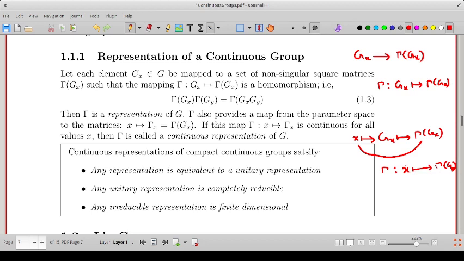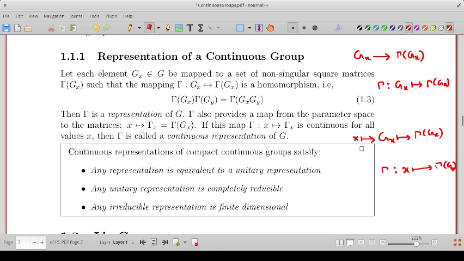And we can define the continuity of these maps. If this map, which takes a particular point in the parameter space to a given non-singular square matrix gamma Gx, is a continuous map, then gamma is said to be a continuous representation of G. So this mapping is a representation of the group provided the map is a homomorphism.